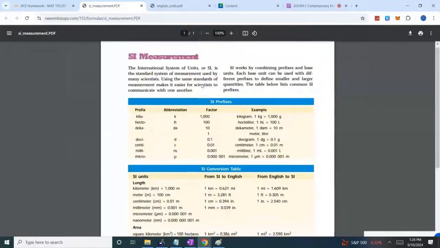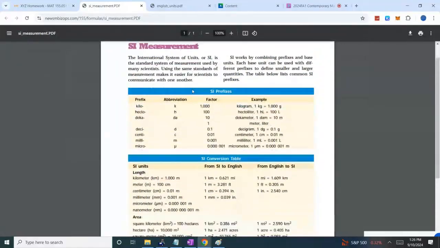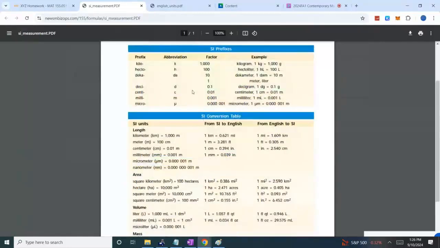Yeah, on the second page, the metric system, there are some conversions between systems. For example, this says from SI, which is the American system, to English, 1 kilogram is equal to 0.61 miles. Okay, we have all these conversions from the metric system to the SI. And then there's some over here.